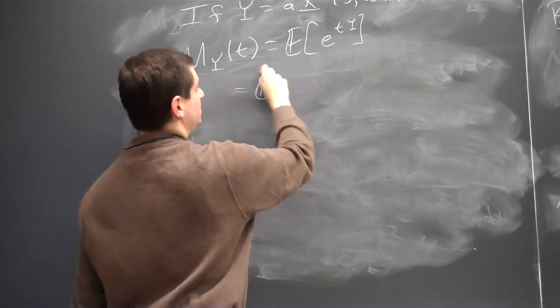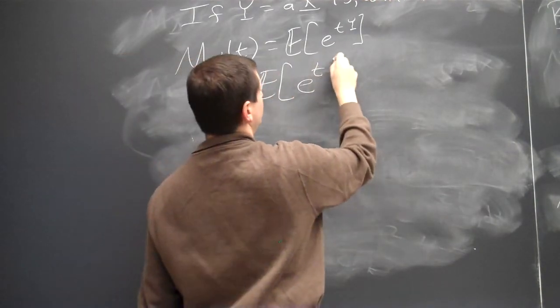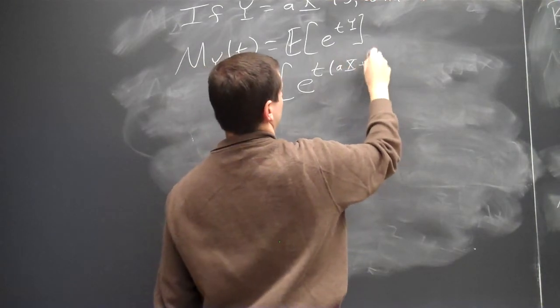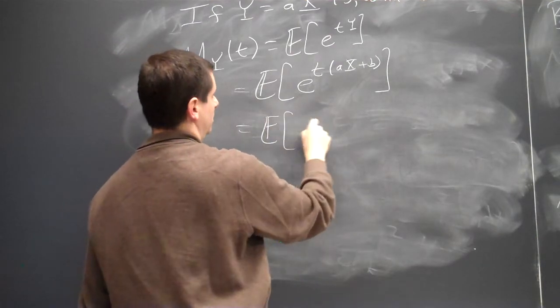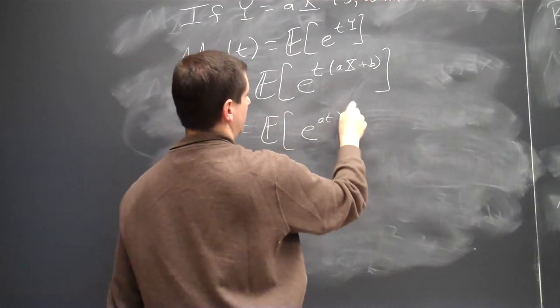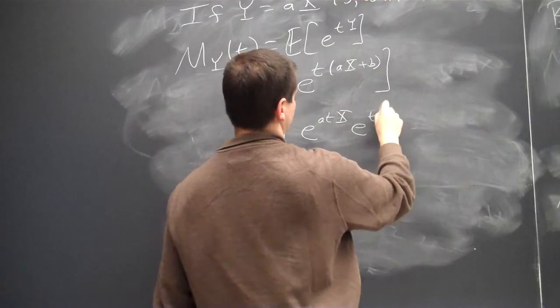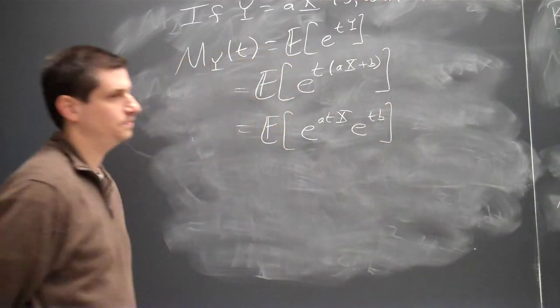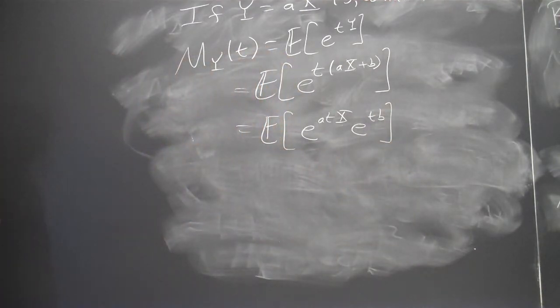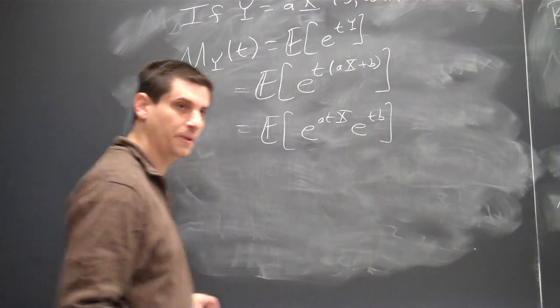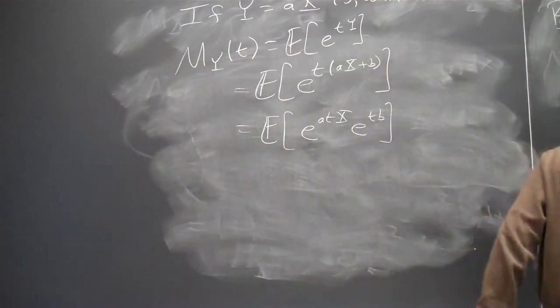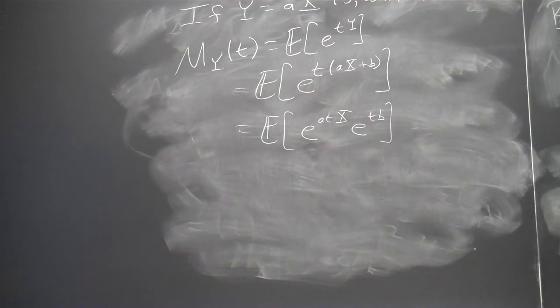So this is just the expected value of e to the t times ax plus b. Alright, so this is the expected value of e to the atx times e to the tb. What should I do now? What would be a good thing to do? Linearity of expectation, but I don't have any sums.